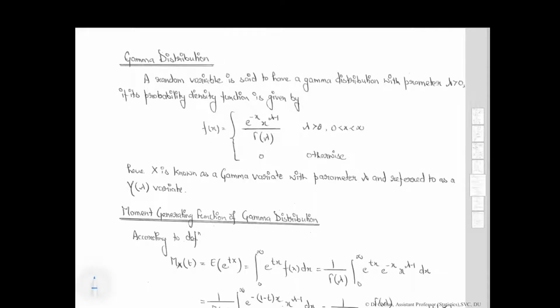In this particular class, we will study the gamma distribution and its associated topics.